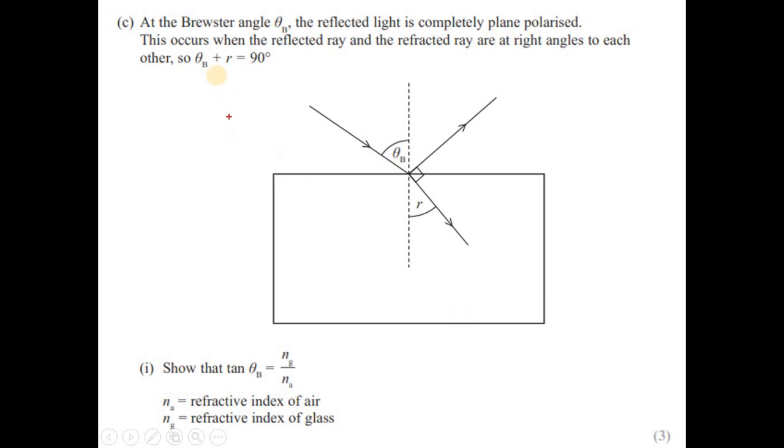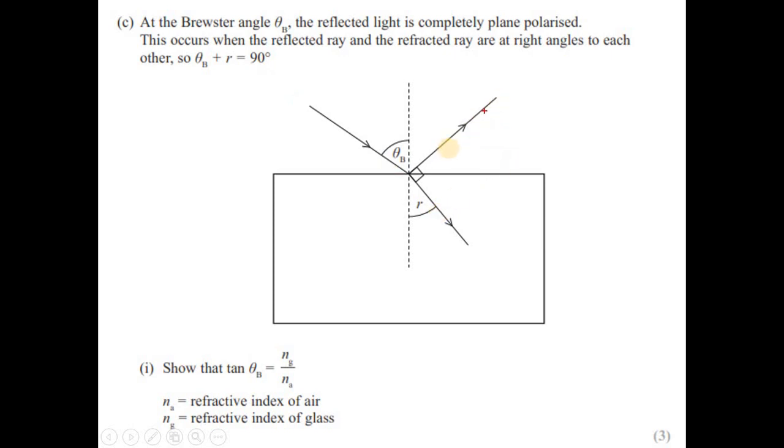At the Brewster angle theta b, the reflected light is completely plane polarized. This occurs when the reflected ray and the refracted ray are at right angles to each other, so that theta b plus r is equal to 90 degrees.